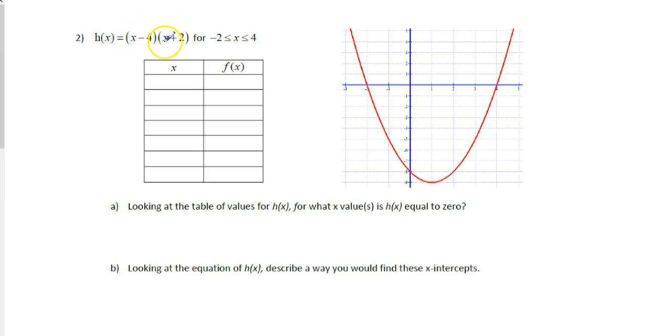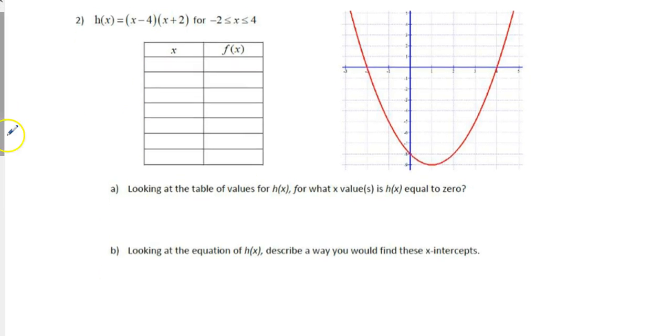So I know I'm going to end up with a quadratic in there. It's just in factored form. And that form is going to give us some information that the other form did not. So see if you can, for these x values, set up your table, find the y values from the graph, and then let's see if you can answer questions A and B.